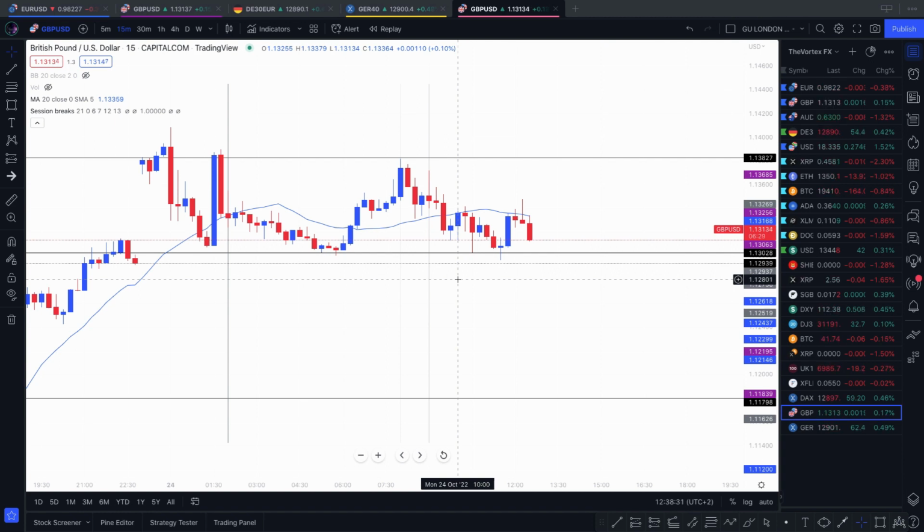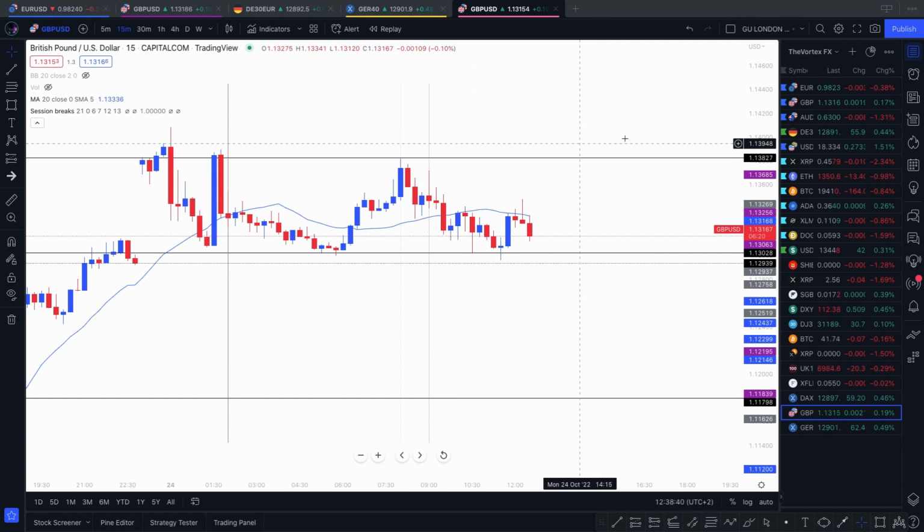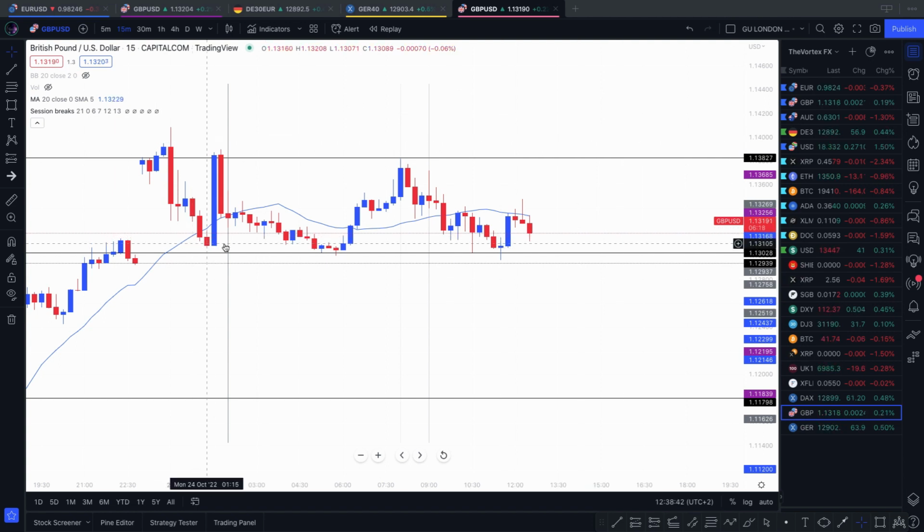Once we have traded about 20 to 25 trades, then if need be, we can tweak the strategy, but we cannot tweak it until that 20 to 25 sample size is finished. All right, guys. And that is how I go about looking at this new GBP USD breakout strategy during the London session on the 15-minute time frame.